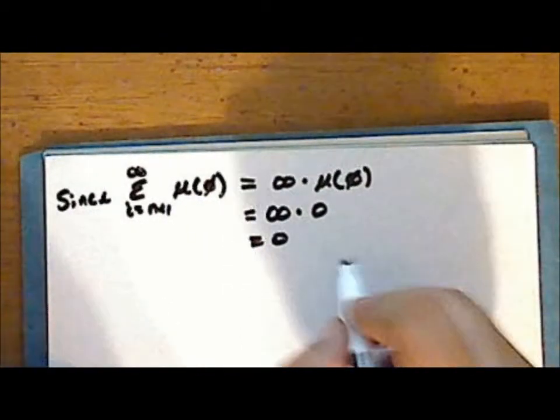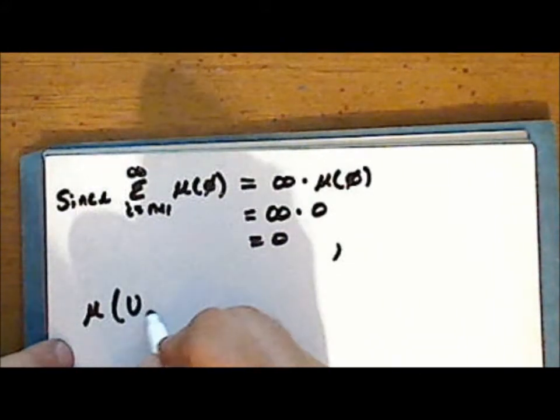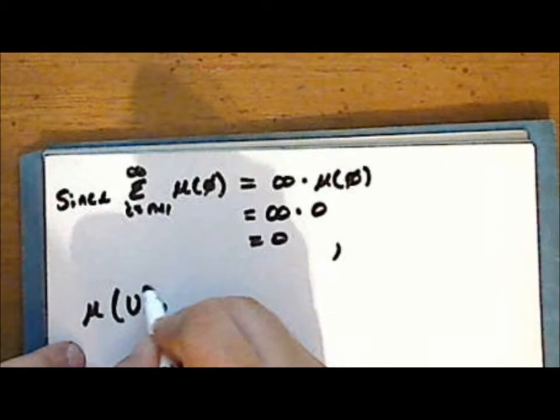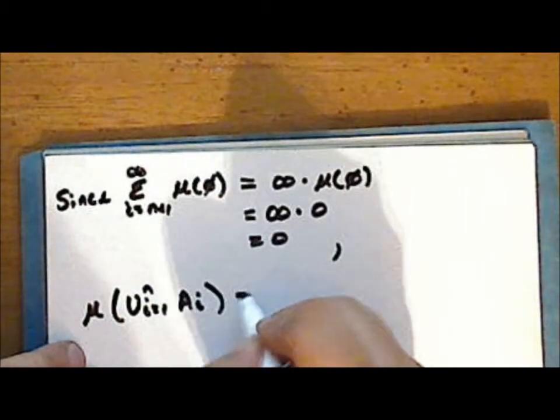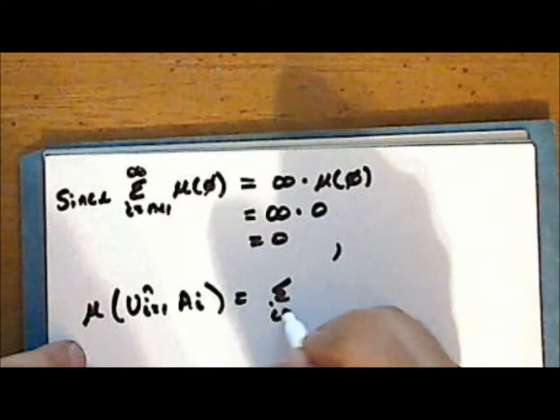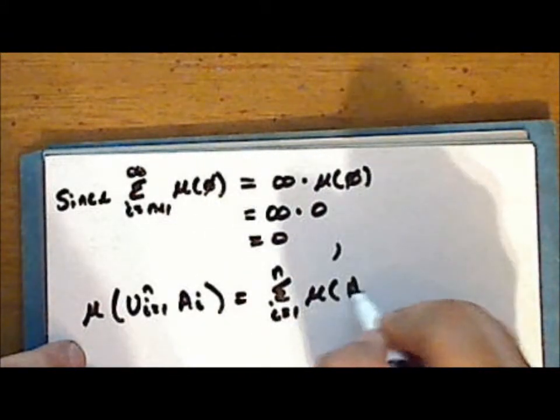And as that is true, we have that the measure of a finite union of measurable sets is the finite sum of the measures of those sets.